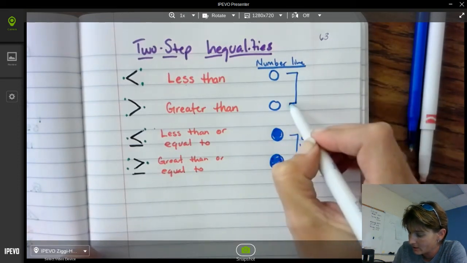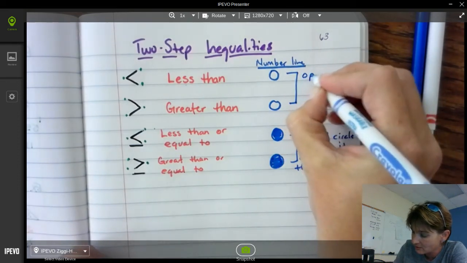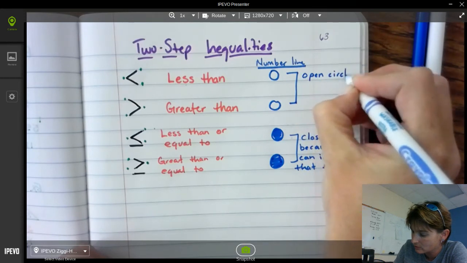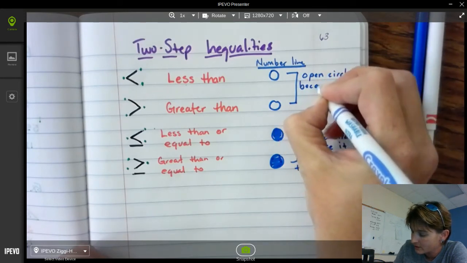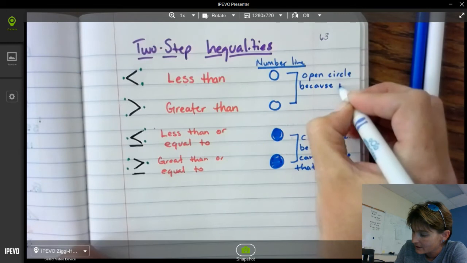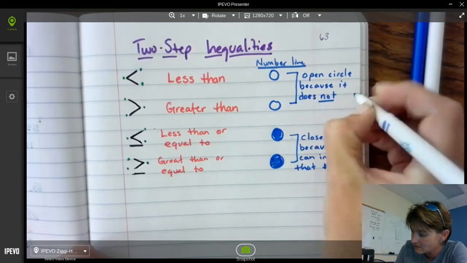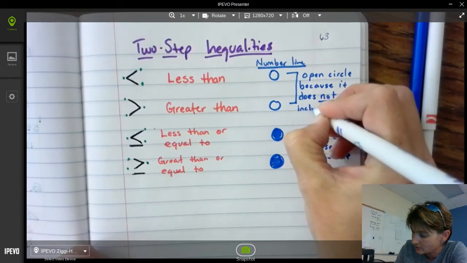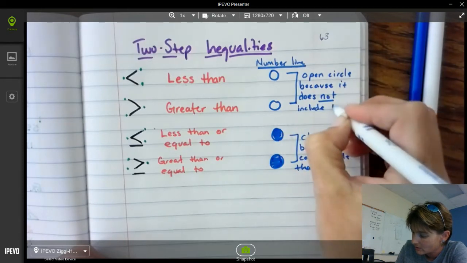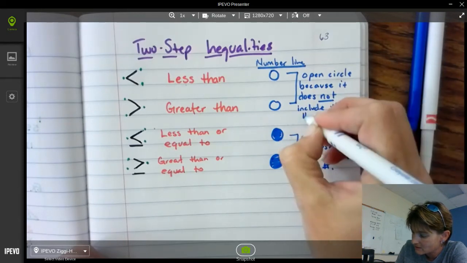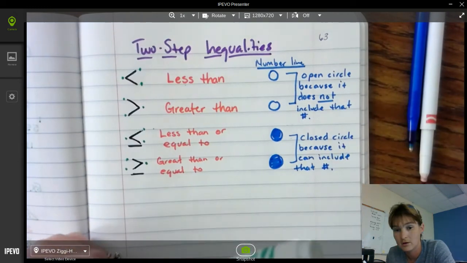And here is an open circle because it does not include that number.